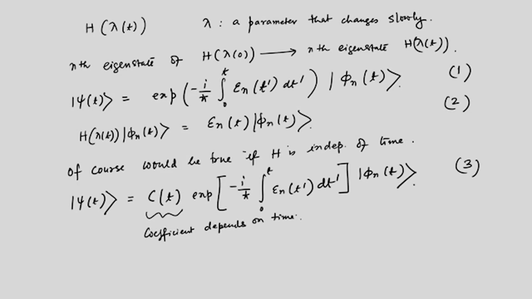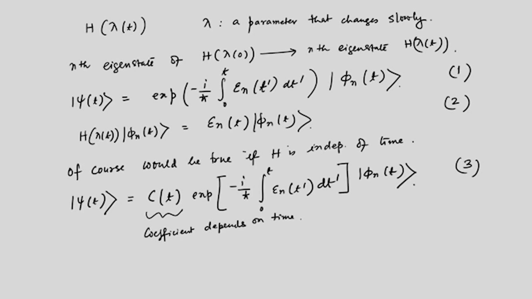So, we have written down the same thing excepting multiplying this by this quantity, the coefficient. Okay. And of course, equations 3 and 1 would agree if C of t is equal to 1.